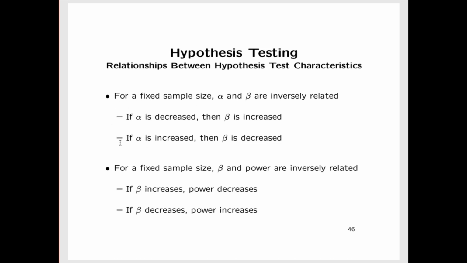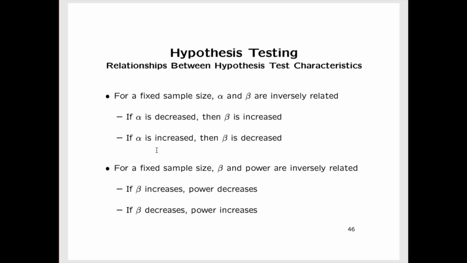talking about if alpha is increased or decreased, because remember that as the experimenter or as the decision maker, the consumer of a particular set of results, a reader of an article, for example, we are free to set whatever significance level we want to use. And so we have control over alpha.